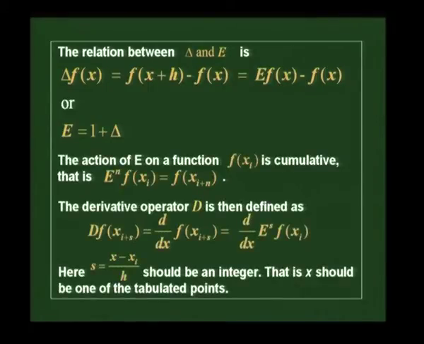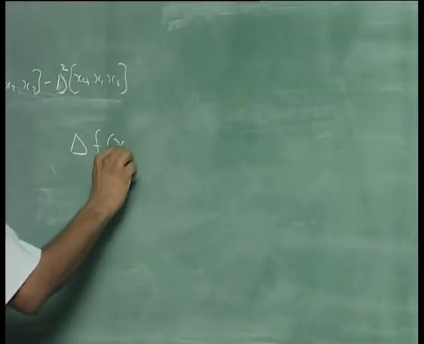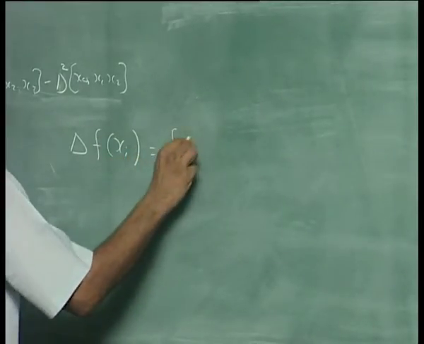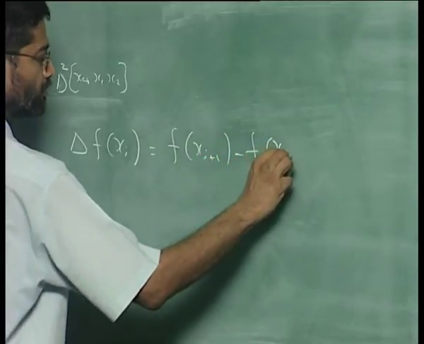Okay, so now we can use these two conditions that we just wrote down. What we said was we had one function called delta f of x_i, which is f of x_i plus 1 minus f of x_i.